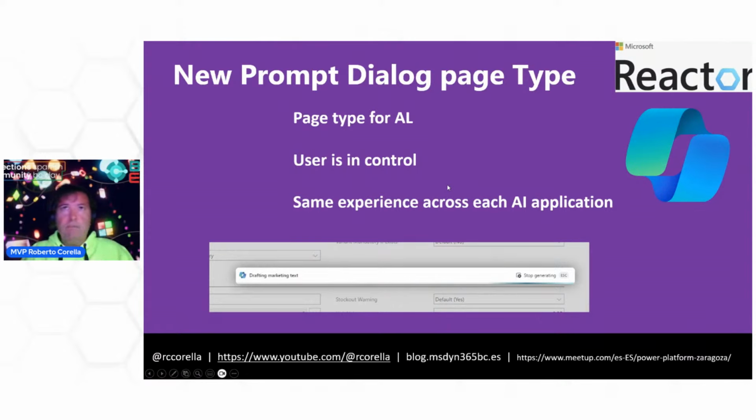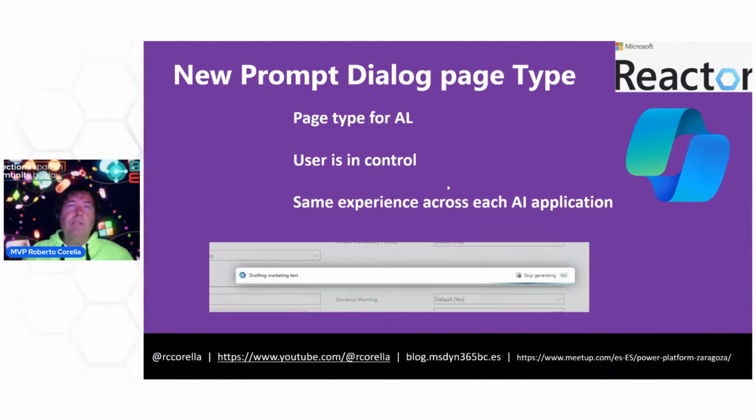The main information for this new prompt dialog is that it is a new page for AL. The users must have the control. They always need to accept the information that Copilot gives us. And we will have the same experience across each AI application in every part of Business Central, right?